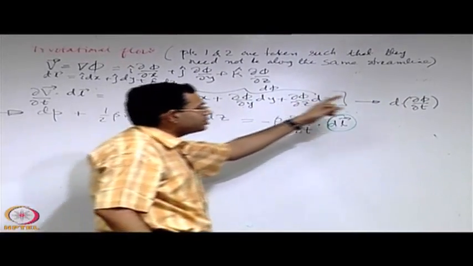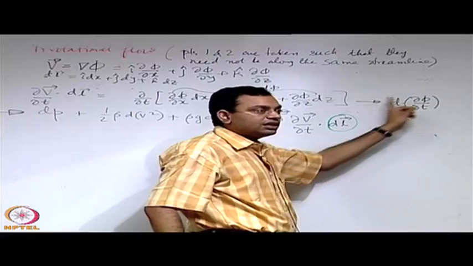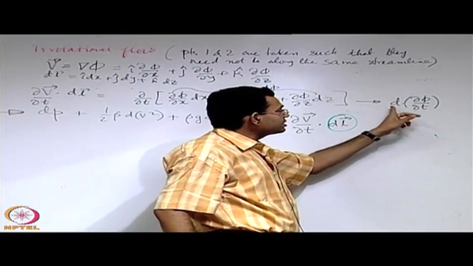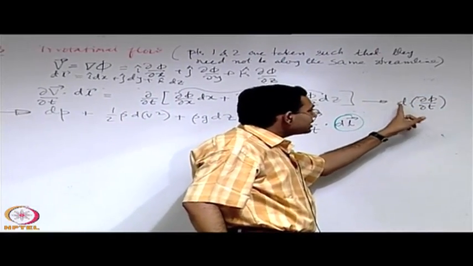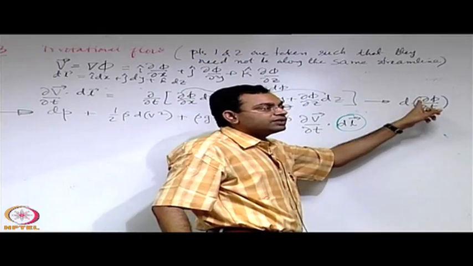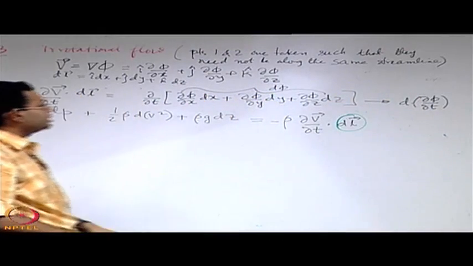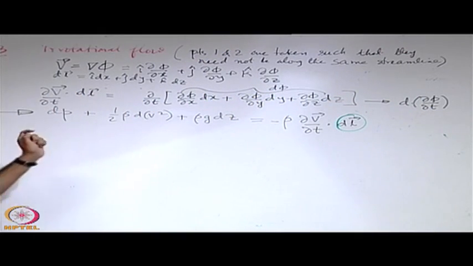So it is just possible to consider this in place of this and the other way. You can write this as the exact differential of the partial derivative of the velocity potential with respect to time. That is one observation.